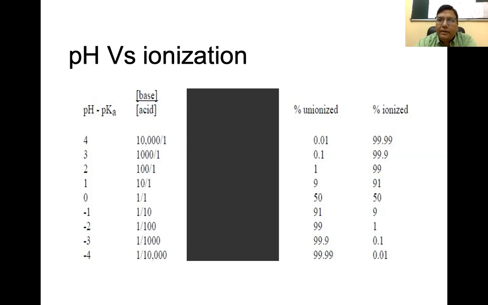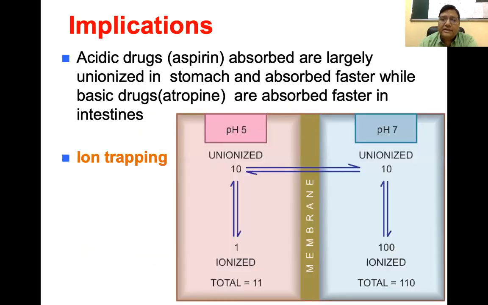There, the drug will be less ionized, or more of the unionized form will be there. So the absorption of weak acid drugs will be more from the stomach, because they will be less ionized. As I have told you earlier also, the less ionized drugs are more absorbed.